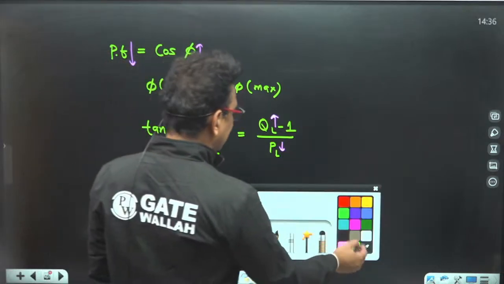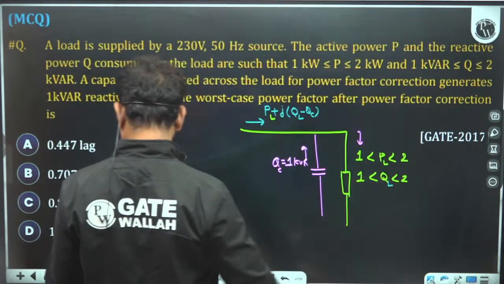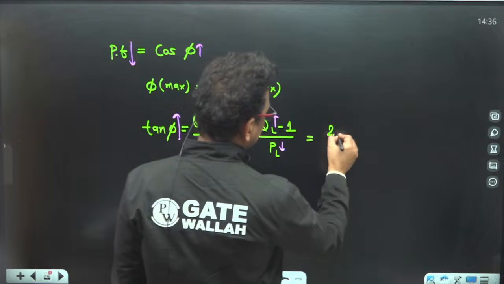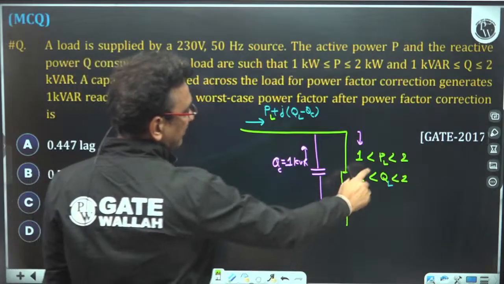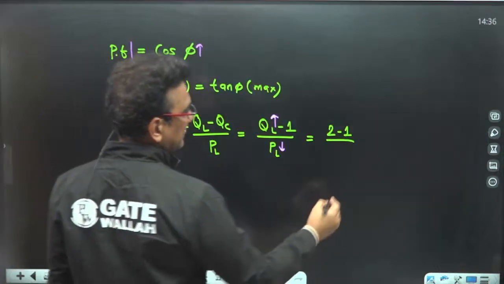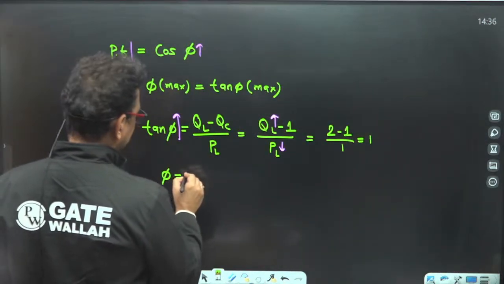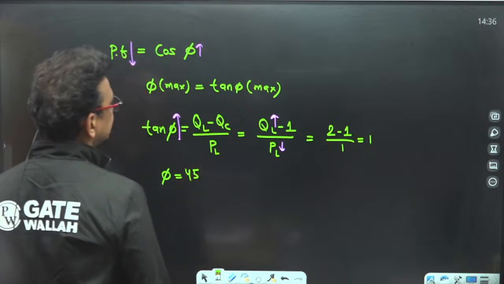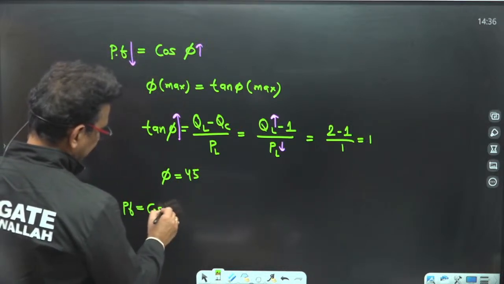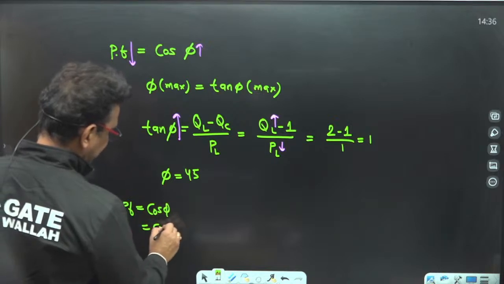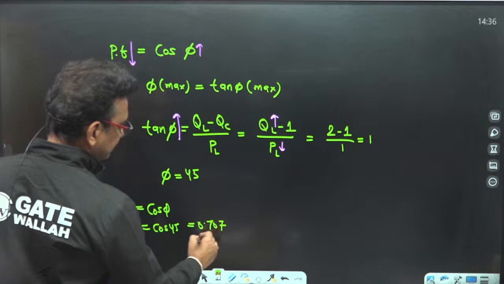So the maximum value of load reactive power is 2, so it is 2 minus 1. And the minimum value of load active power is 1. So tan phi is 1, and phi is 45 degrees. So the power factor is cos phi, cos 45, which is 0.707.